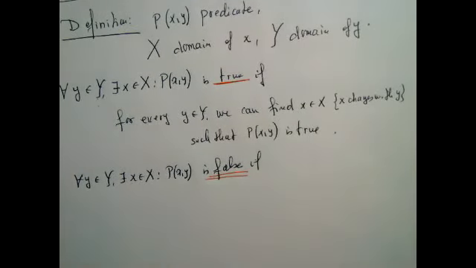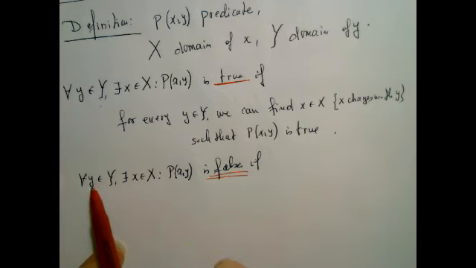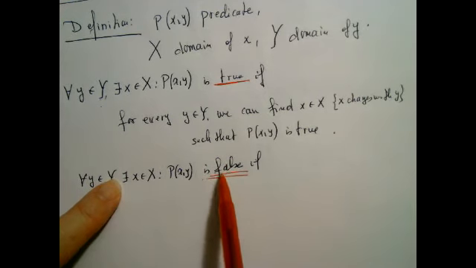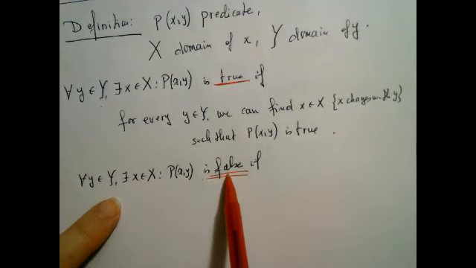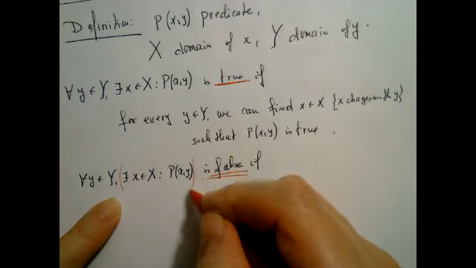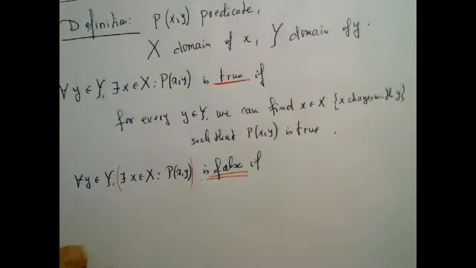Okay. What does it mean to be false? Who would like to tell me what it means? Of course, using what we did before. For all y, no matter what y is, I can find an x. How can this be false? And the way I want you to think about it is, that's where the word nested is coming from.